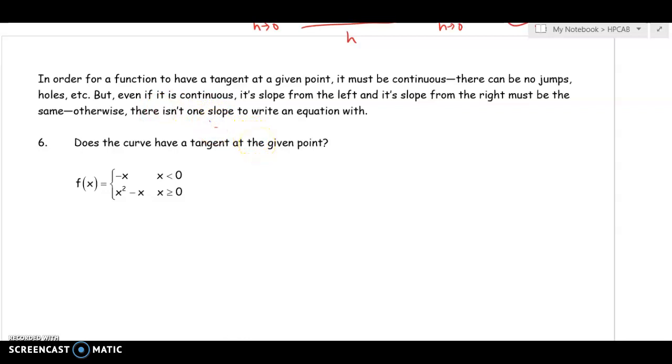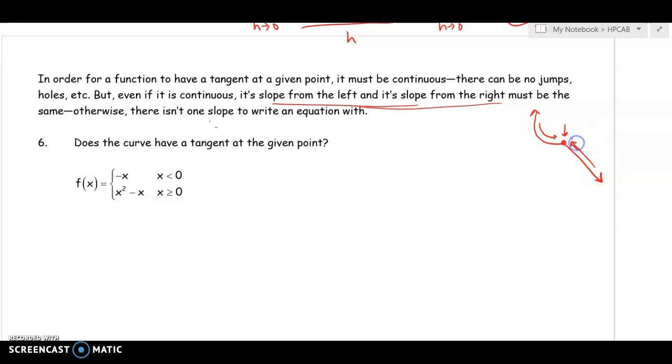An example of where the slope from the left and the slope from the right might not be the same is, let's say you had a weird piecewise function. It ended up being continuous, but it looks like this. As you approach maybe this point here from the left side, you're going to end up with a negative slope. That is definitely different than the slope here.